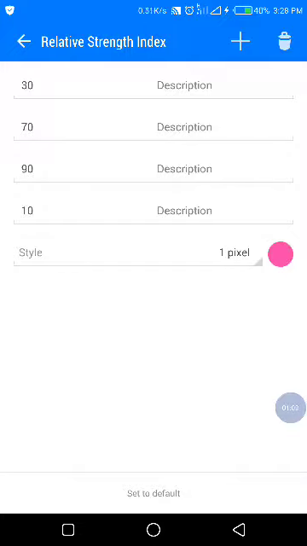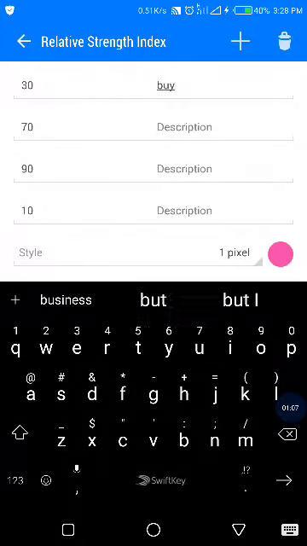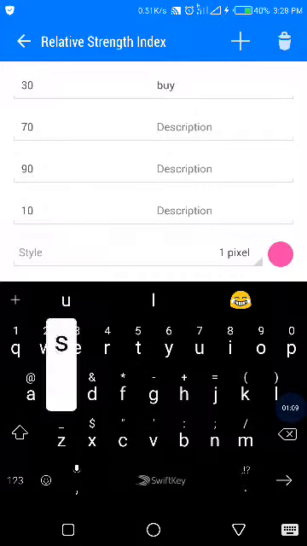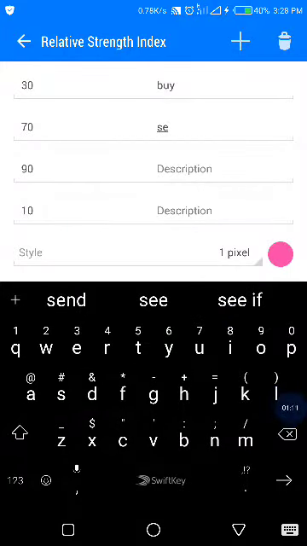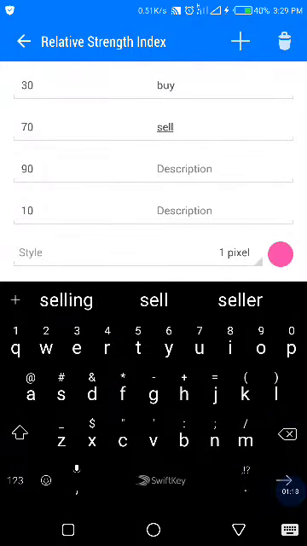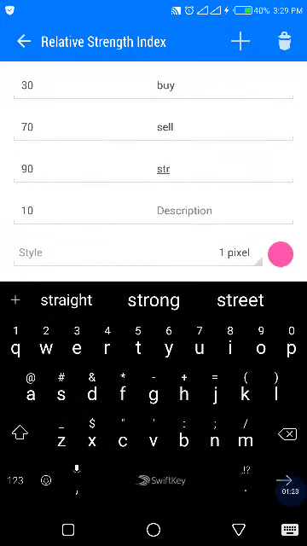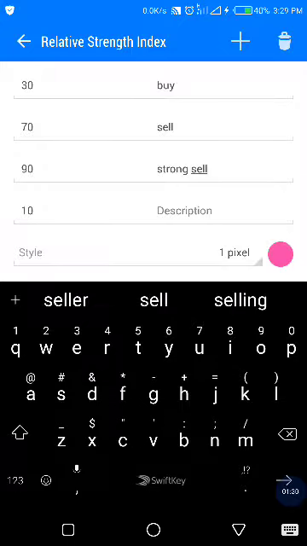So you include your description. For me, the 30 is buy, the 70 is sell, while 90 is strong sell, and 10 is strong buy.